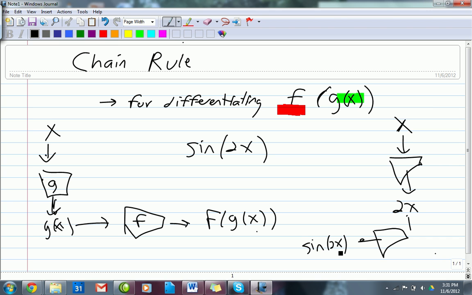So for example, if you put in pi, what happens to pi? Pi is going to get doubled to become 2 pi, and then we're going to take the sine of that 2 pi, and of course sine of 2 pi is 0.